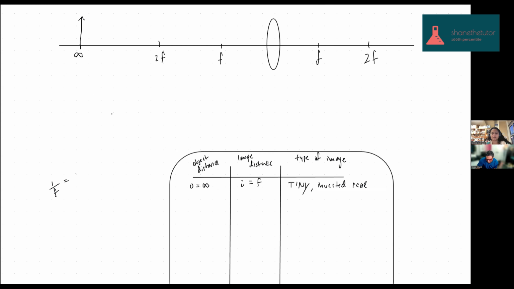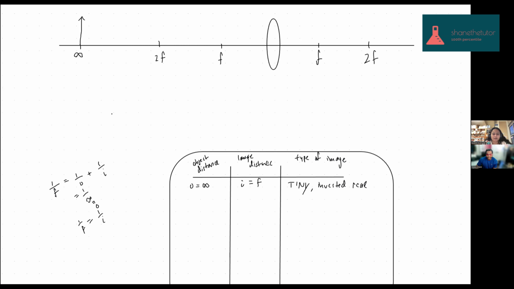If the object distance is infinity, 1 over infinity basically turns into 0, because if you divide 1 by a number that gets really, really big, it makes that overall number really, really small. So you just get 1 over f is equal to 1 over i. So the image distance will be at the focal length, and it'll be a tiny inverted real image.